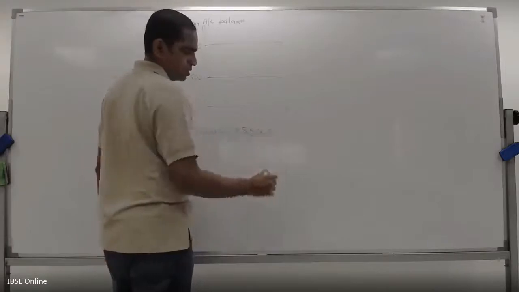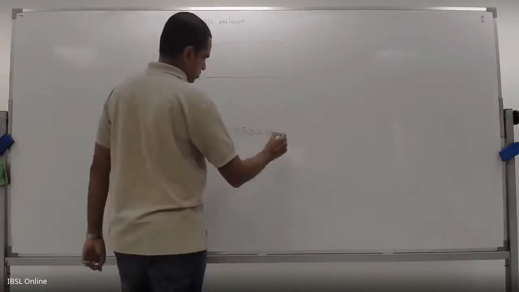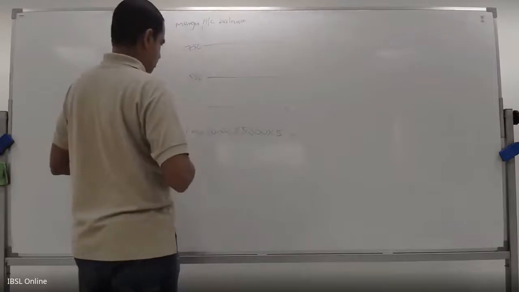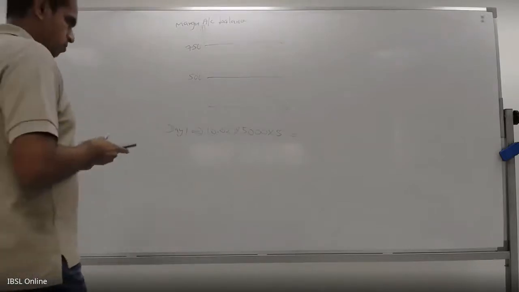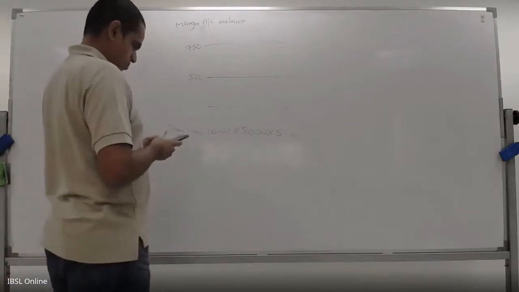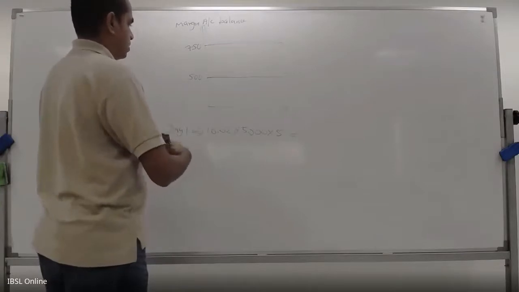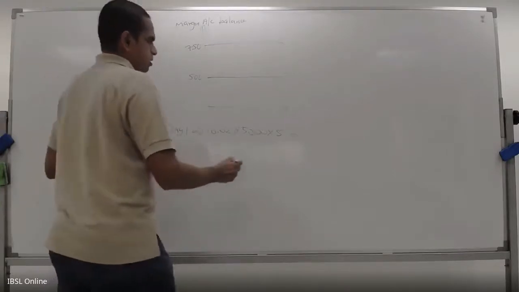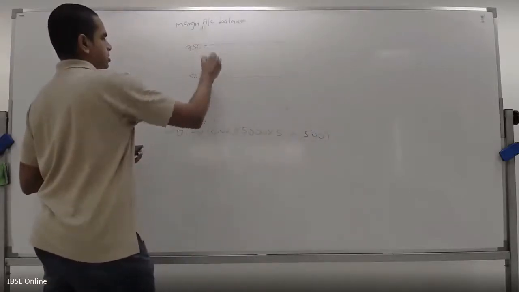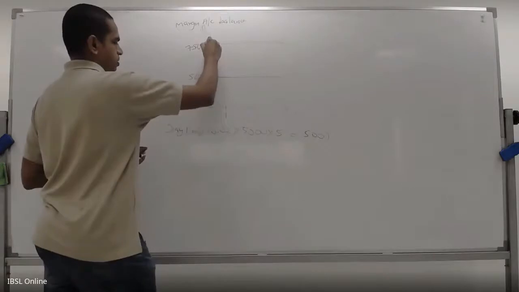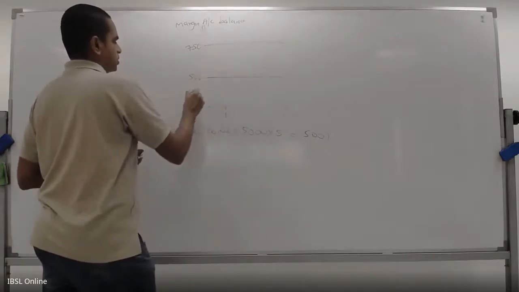Each has 5,000 bushels. You're buying 5 contracts. So this $500 will get knocked off against your balance. So your balance on day 1 will fall from 750 minus 500 to $250.